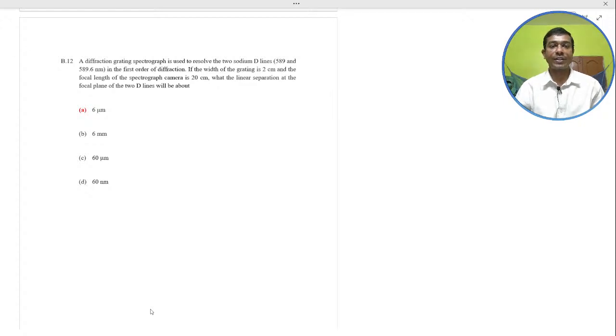A diffraction grating spectrograph is used to resolve the 2 sodium D lines in the first order of diffraction. If the width of the grating is 2 cm and the focal length of the spectrograph camera is 20 cm, what will the linear separation at the focal plane of the 2 D lines be about? That the del y, the formula is what?